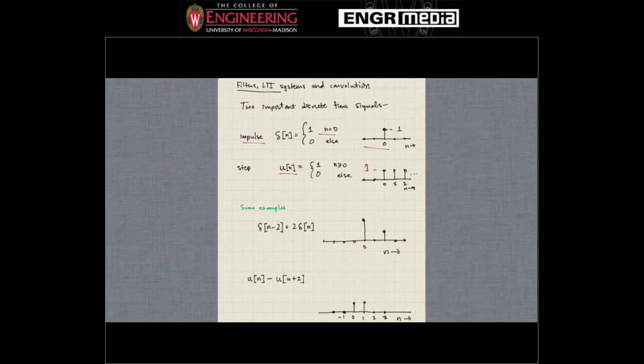All right, so we can build more complicated signals using these two particular signals, using the impulse and the step function. Some examples are what I have written down here: delta of n minus 2 plus 2 times delta of n.